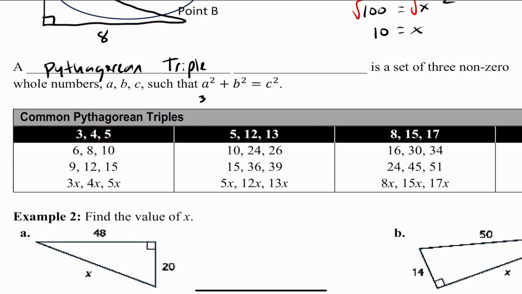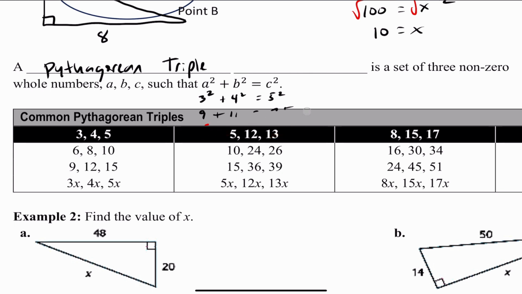So I have 3 squared plus 4 squared equals 5 squared. 3 squared is 9, 4 squared is 16, and 5 squared is just 25. 9 plus 16 is 25, so that's 25 for the left-hand side, and on the right-hand side that's 25. Is the left-hand side equal to the right-hand side? Yes, so that's why 3 squared plus 4 squared is equal to 5 squared, because the left-hand side agrees with the right-hand side, okay?